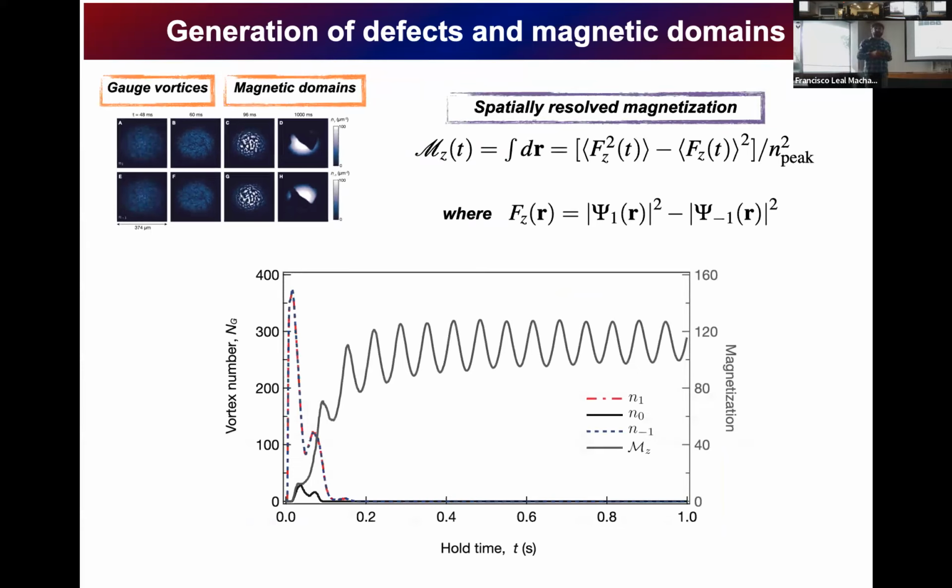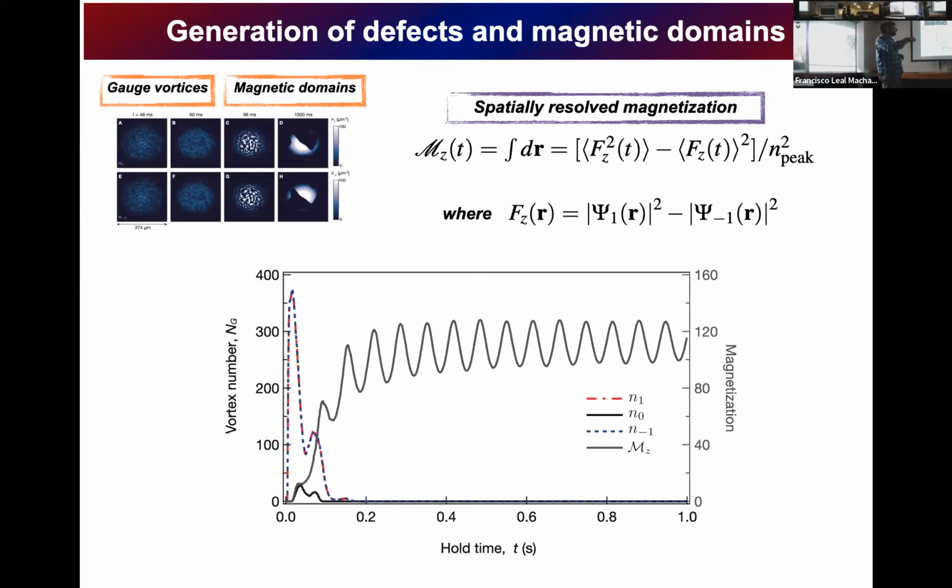Now that we are convinced, I hope, that we have vortices, what I will do is also to show you how the corresponding vortex number behaves during the evolution, and also how the magnetization of the system behaves. In order to monitor the vortex number, at each time instant of the evolution of my wave function I detect at each specific location a phase winding of 2 pi, and I measure the corresponding number of vortices.